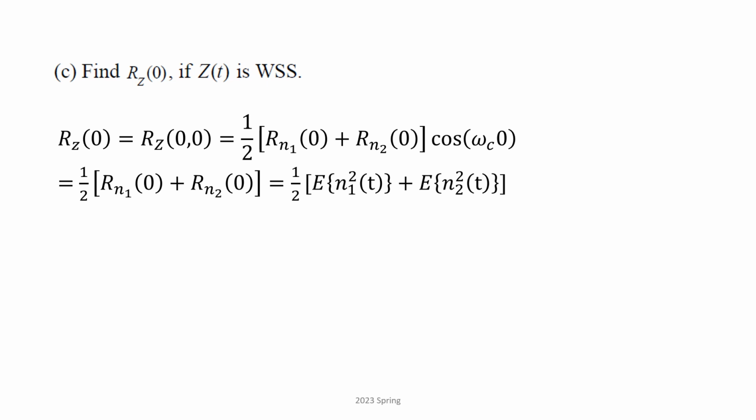So R_Z(0) equals R_Z(t1 equals 0, t2 equals 0), and it equals 1 over 2 times (R_N1(0) plus R_N2(0)) times cosine(omega_c times 0), and it equals 1 over 2 times (R_N1(0) plus R_N2(0)), and it equals 1 over 2 times the expectation of N1(t) squared plus the expectation of N2(t) squared.